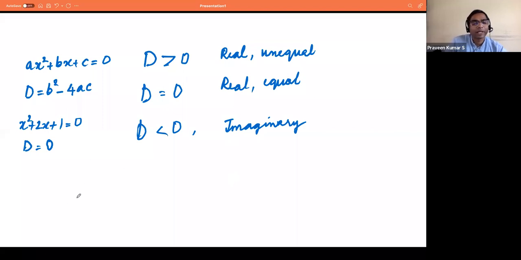Now I'll keep on writing down some equations. I want you to tell me whether those roots are real, equal or imaginary, whatever you can tell about the roots.